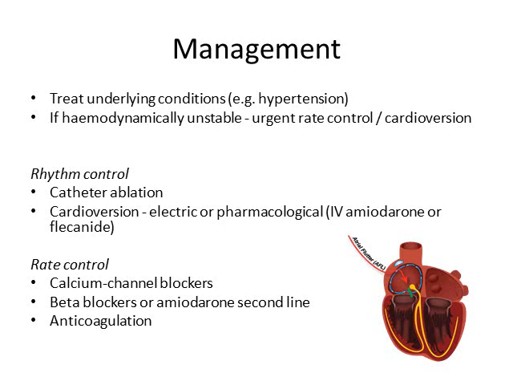The thinking is that you'll then go back into sinus rhythm because the impulse will pass through the atrium normally. The other thing you can do is cardioversion, either electrical or with pharmacological therapy. For rate control, calcium channel blockers are first line, and then beta blockers or amiodarone are second line. And again, think about anticoagulation in the same way you did with AF.